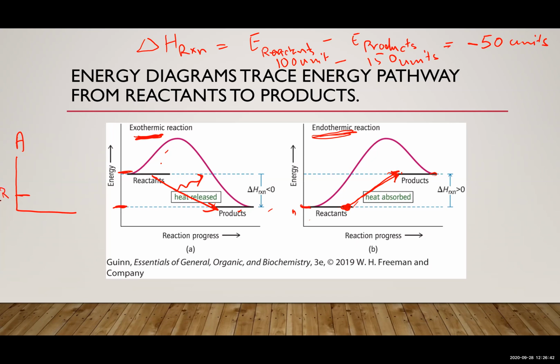I'm using the symbol R for reactant and P for products, and my products are here. In reaction B, my reactants are here and my products are here.